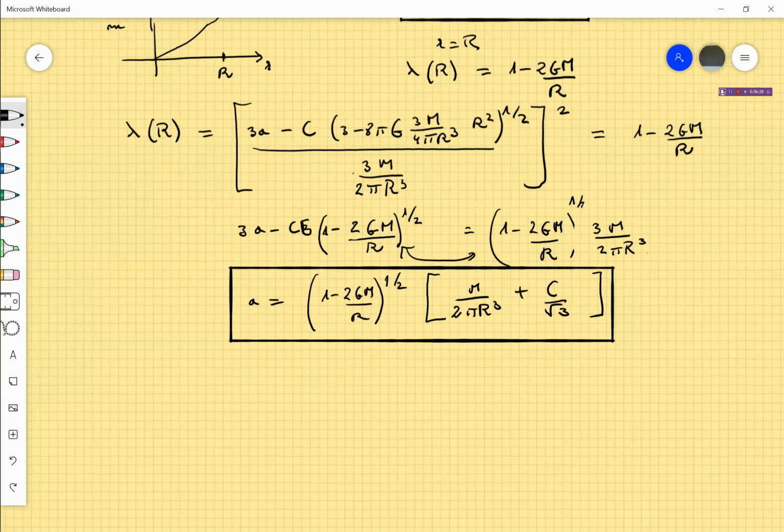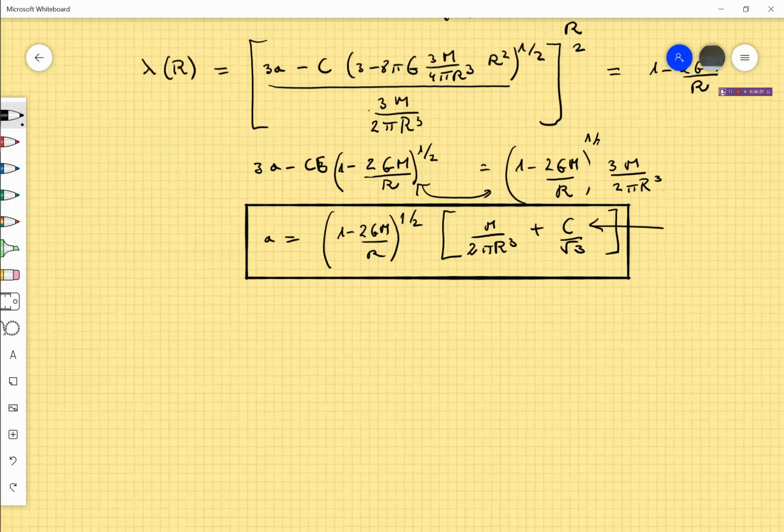this is the result for the integration constant a that allows us to glue the exterior and the interior Schwarzschild solutions. We still have one integration constant, which is not determined, which is this c. Another boundary condition that we have to impose is that the pressure at the surface of the star should be 0.